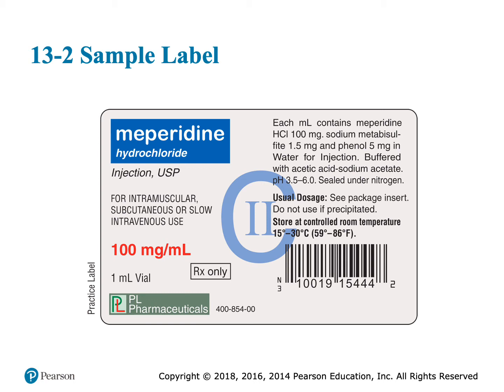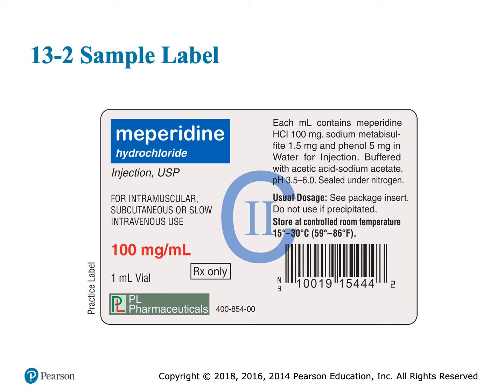It also gives us the dosage of medication, which is milligrams to milliliter, right? 100 milligrams of the good stuff to 1 ml, right? And then it tells us the quantity, right? It's a 1 ml vial.